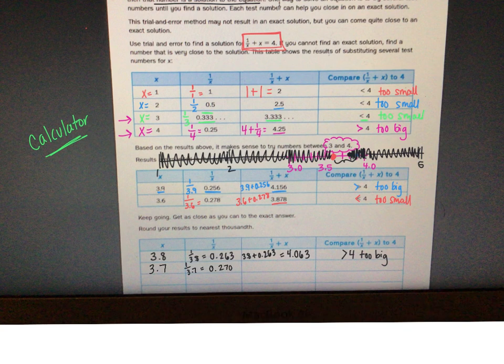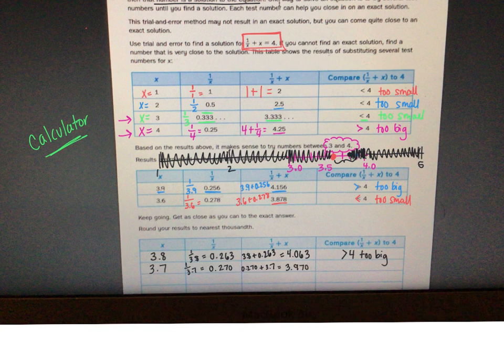When I combine 270 thousandths plus 3 and 7/10, and I line up my decimals, I end up getting an answer of 3 and 970 thousandths.